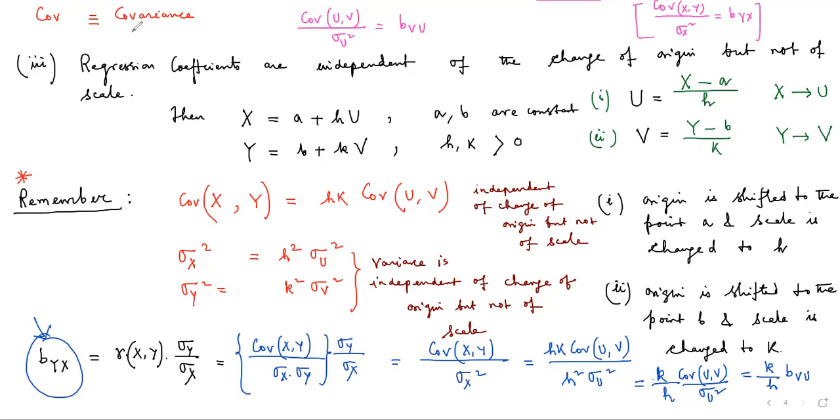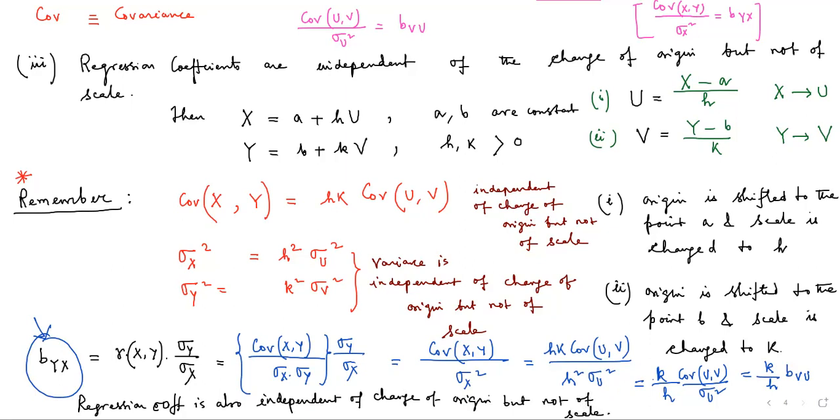So what is our conclusion? Our conclusion is that the regression coefficient is also independent of change of origin, but not of scale.